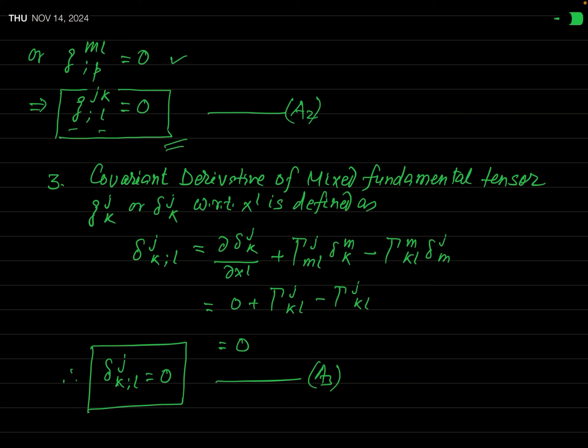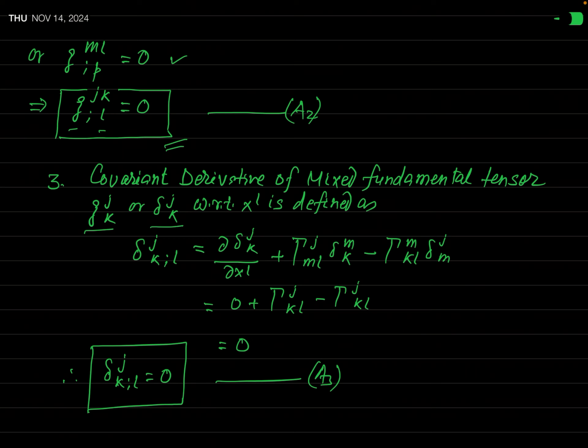Now finally, we are going to see that the covariant derivative of a mixed tensor like delta jk with respect to x^l is also 0.